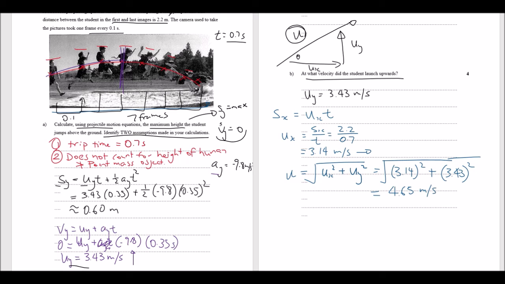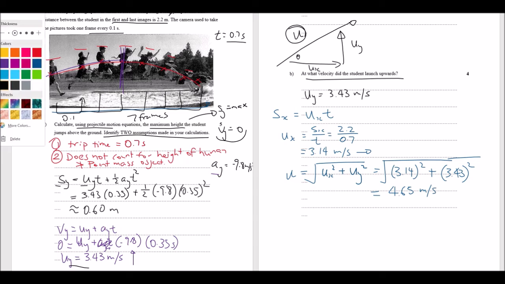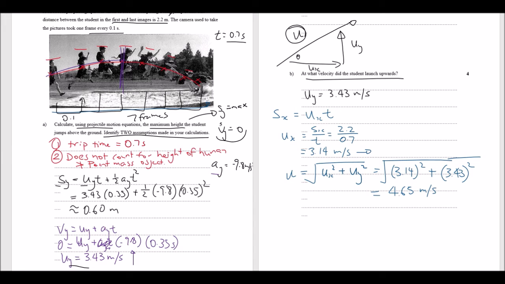Last thing we need to do is find the angle. Remember, this is a two-dimensional motion, so we need to do that. If we look here, that is our adjacent side, and that is the opposite side. So we can use tan theta. So theta equals inverse tan uy over ux.